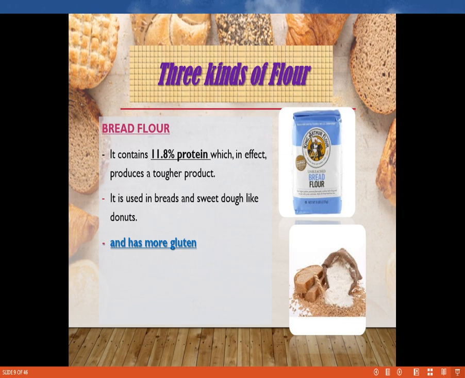It is creamy in color and rather rough and granular. The high gluten content causes the bread to rise and gives it shape and structure. It is also termed hard flour. It is commonly used for yeast breads, sweet dough like donuts, and sturdy baked goods where chew is desirable.